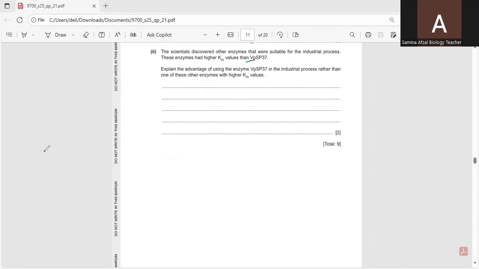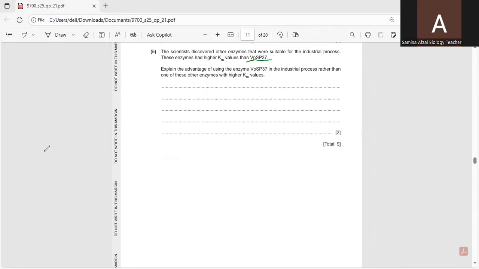So I would like to discuss this question. Why are we using this enzyme?